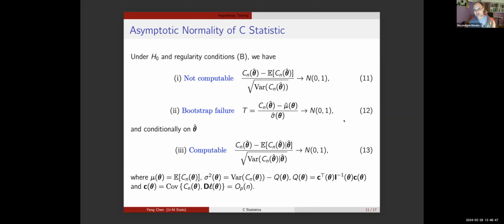In other words, I look at 12 as something that you can calculate, because the hat is on top of 12, and it's trying to correct 11. And 13 is completely different. It's motivated from a generalized linear regression paper where they say that by conditioning, you have better power.